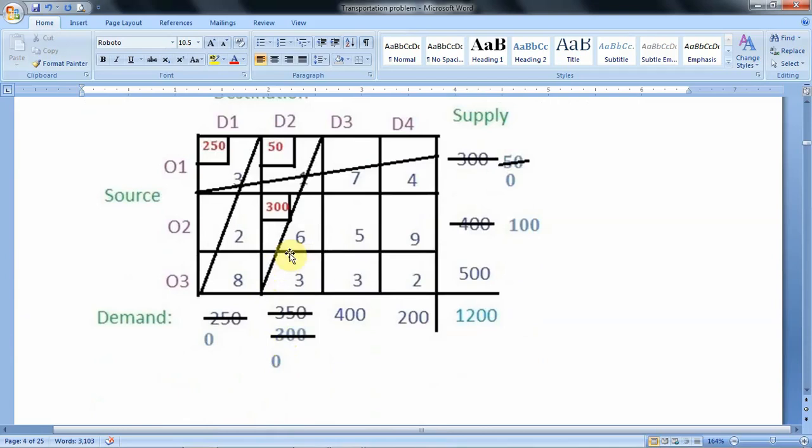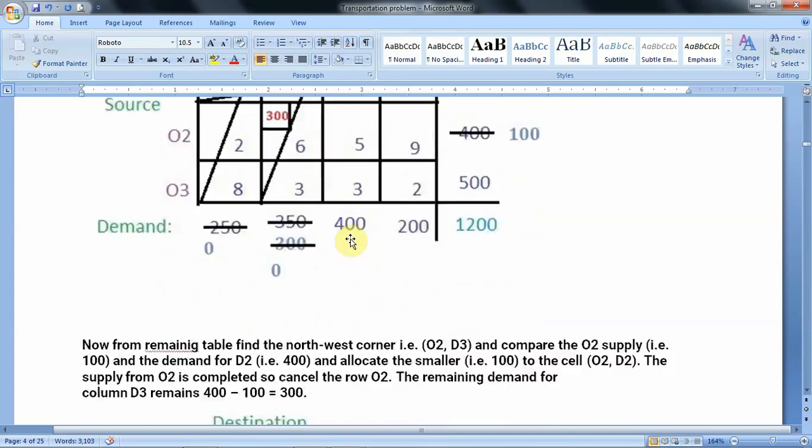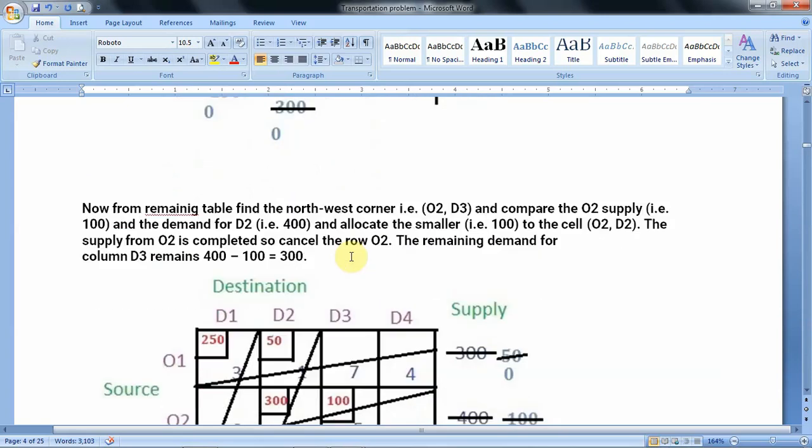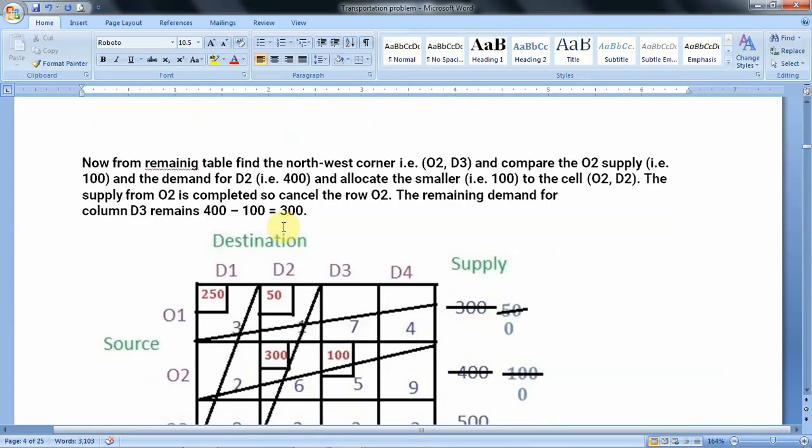Now we move to the cell O2D3. Take the northwest corner, that is O2D3, and compare the O2 supply, that is 100, and the demand for D3, that is 400, and allocate the least value, that is 100, to the cell O2D3.